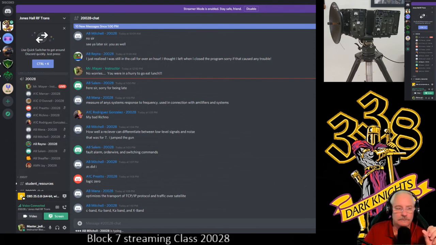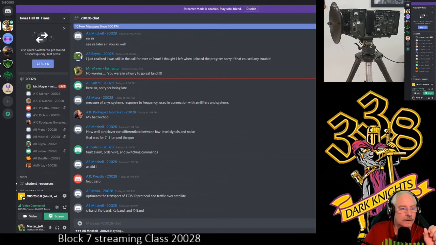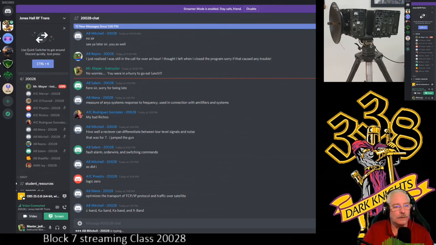30 Earth terminals and 4 carriers. Okay. And hang on just a minute here. We're going to go to 4 alpha, but I want to make sure.